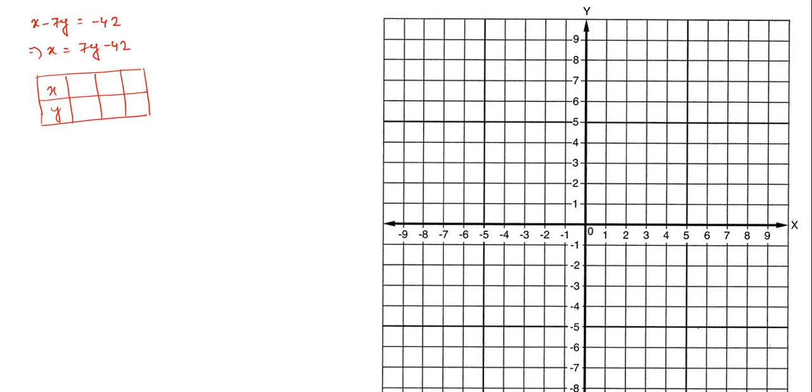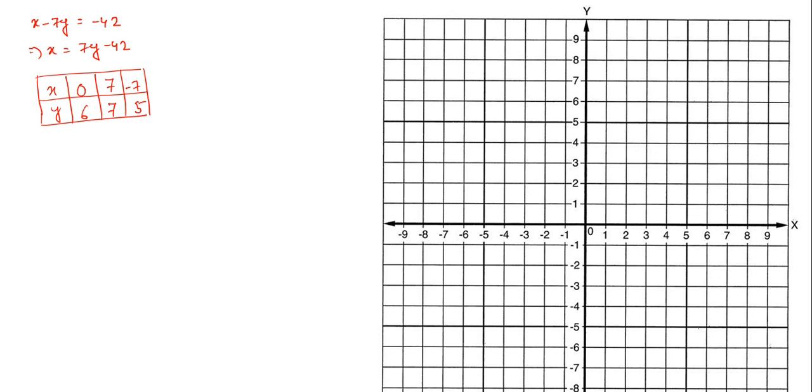First we choose the value of x as 0, then y will be 6. Next we choose x as 7, then y will also be 7, and next we choose y as 5, then x will be minus 7.